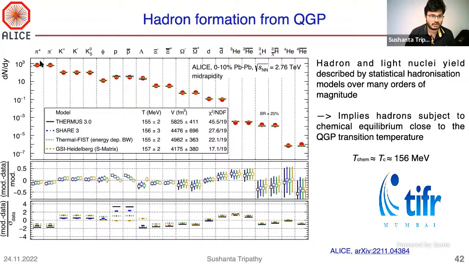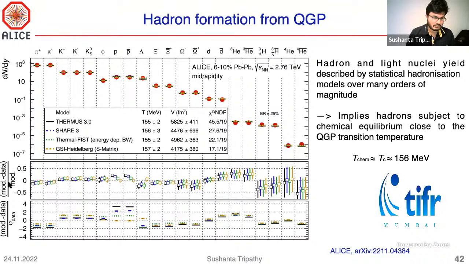Starting from pion, kaon, and reaching up to antinuclei, here we have the integrated yields for all these particles, compared with the thermal model, the statistical hadronization models. As you can see, across almost nine orders of magnitude, the statistical hadronization model is very successful in explaining the integrated yield of each particle species.